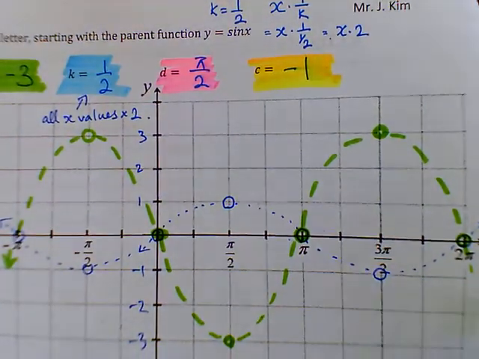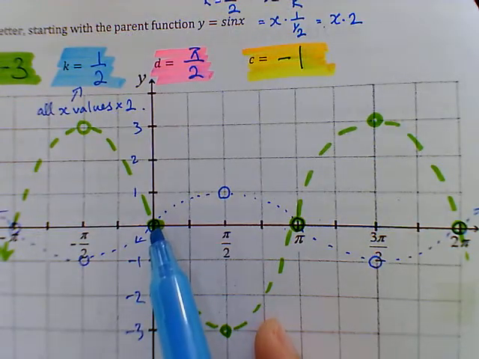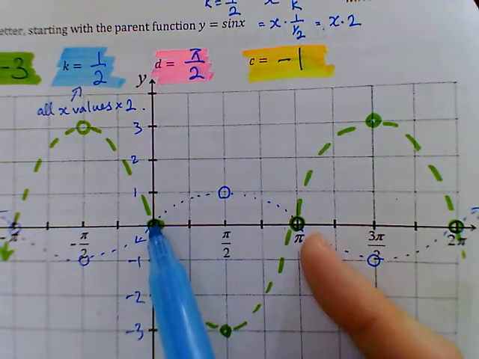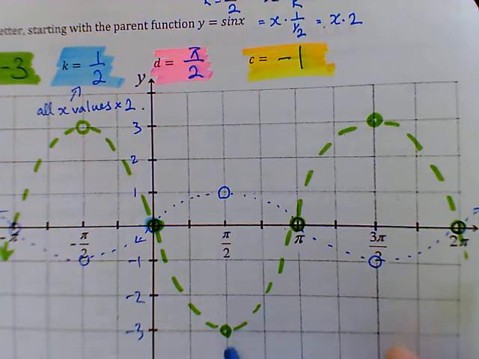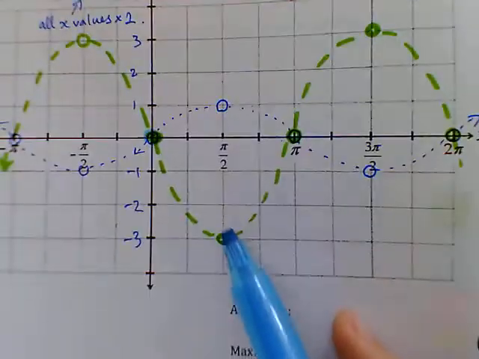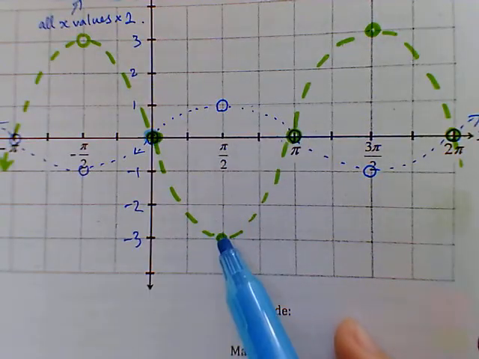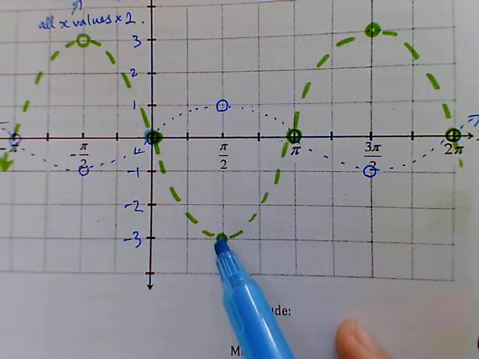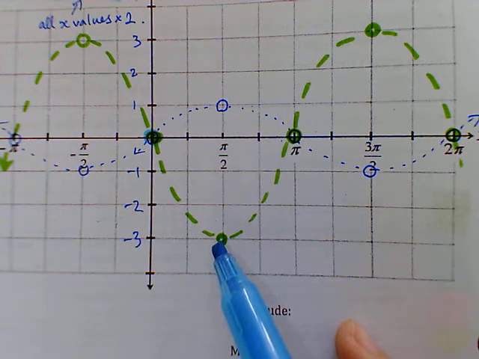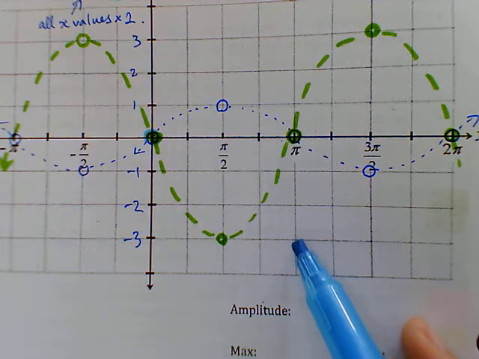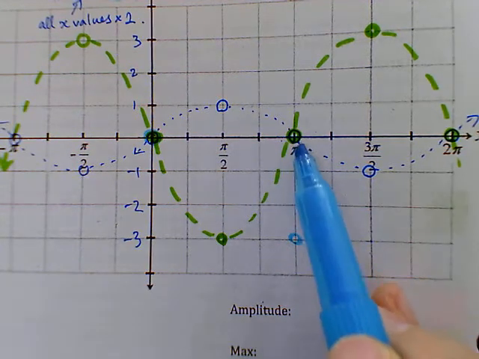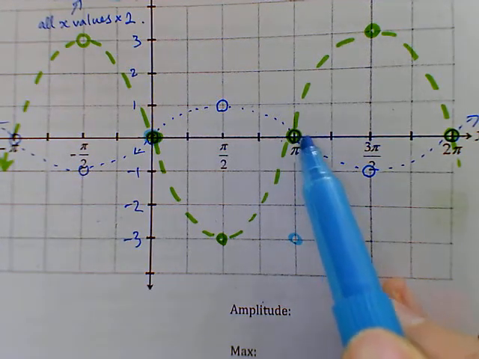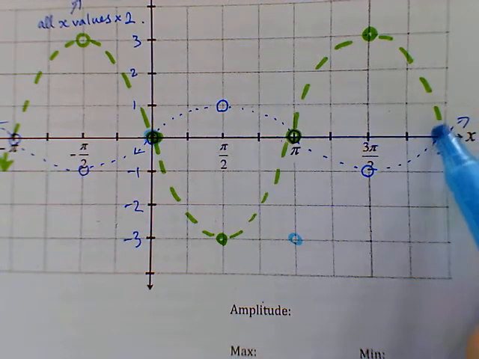So let's do it. 0 times 2. 0. Pi over 2 times 2. Pi. Pi times 2. 2 pi.